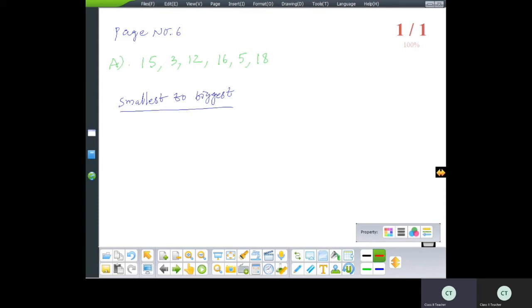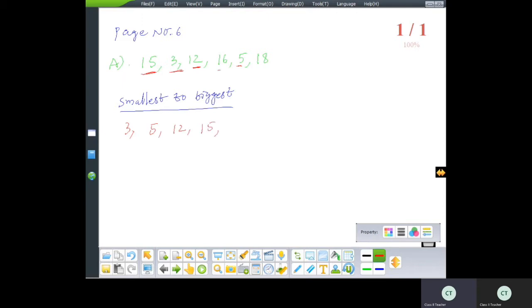Now which is the smallest number? 3. Next, 5. Next, 12. Next, 15.